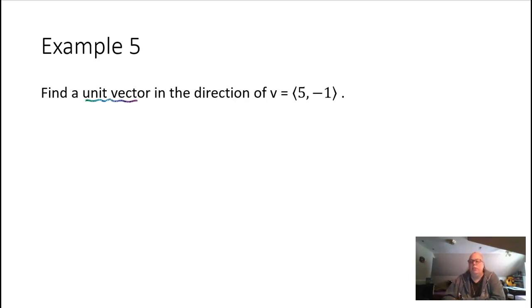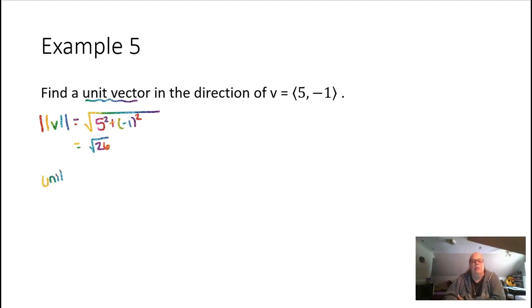The way to make sure that we have a unit vector, first thing we want to do is find the magnitude of our vector. So let's do that using the distance formula. We'll have 5 squared plus -1 squared. This is going to give me the square root of 26. Does not have a nice square root here, so we'll have to leave that as it is.